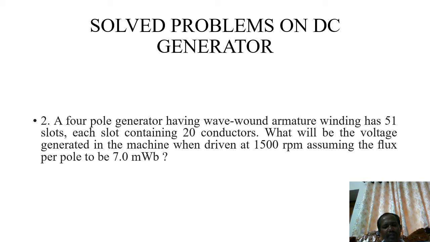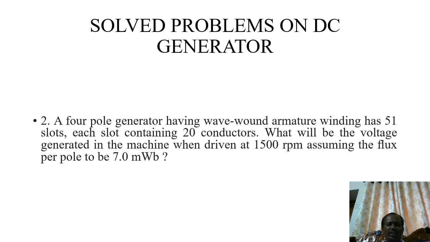Assuming the flux per pole to be 7.0 milliwebers, phi is equal to 7 into 10 to the power minus 3 webers. Now note the given data: type of generator is 4 pole, so P is equal to 4; wave wound, so A is equal to 2; 51 slots, each slot containing 20 conductors, so Z is equal to 51 into 20, 1020 conductors.